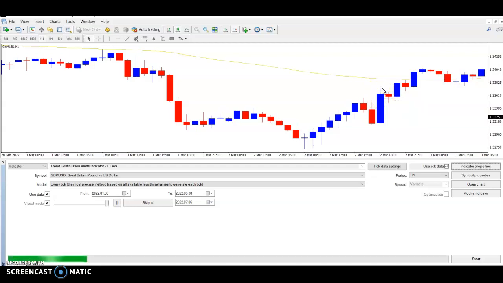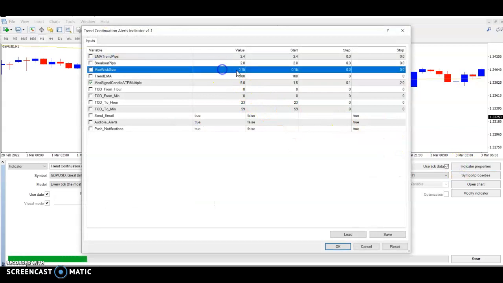If there had been more selling pressure, the candle would have closed lower and the wick would have been bigger, which may be a sign that the trend is not going to continue. You want a smaller wick. So I choose here the maximum wick size 0.15, 15% of the candle. If you want it to be even more likely, you can lower this number, but I wouldn't take it any higher.